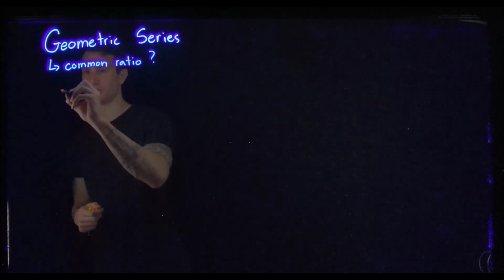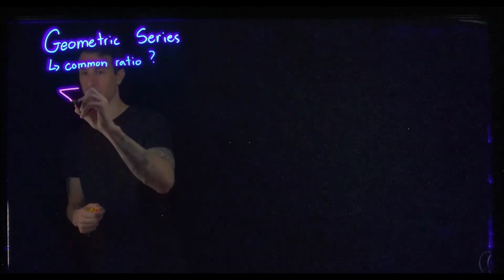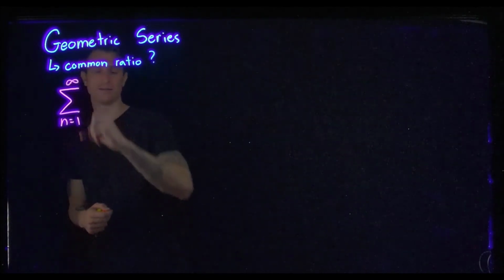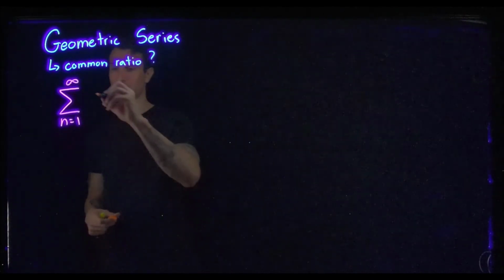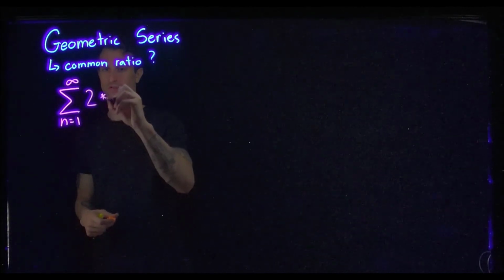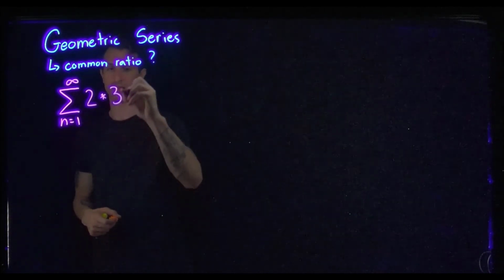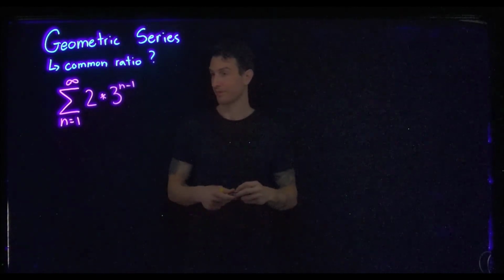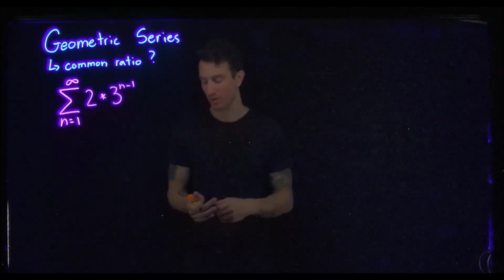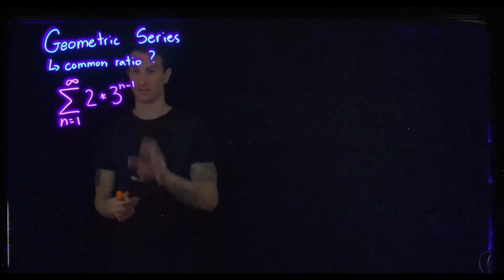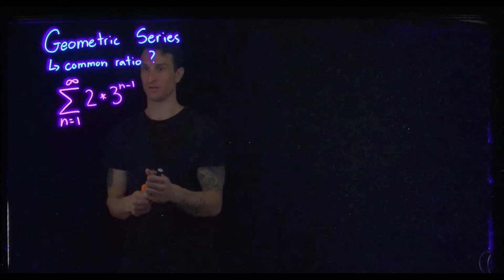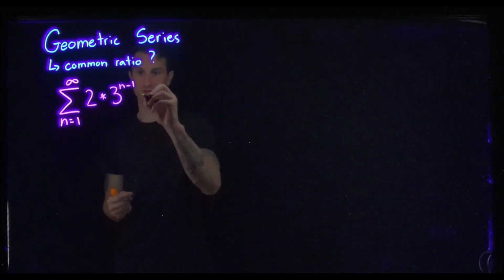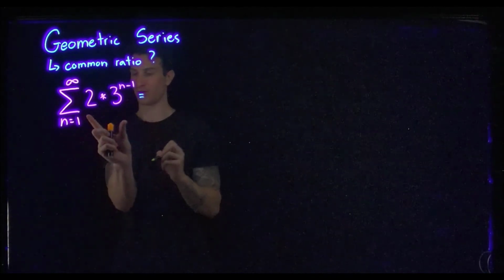Let's do one that's slightly different. Another example: let's say I have a series, n equals 1 to infinity, of 2 times 3 to the n minus 1. What helps here is to write out a few of these terms and see what's happening. Our very first one, we plug in 1.